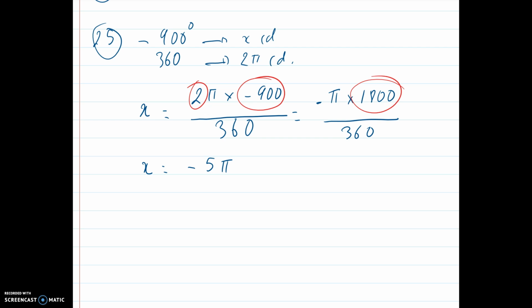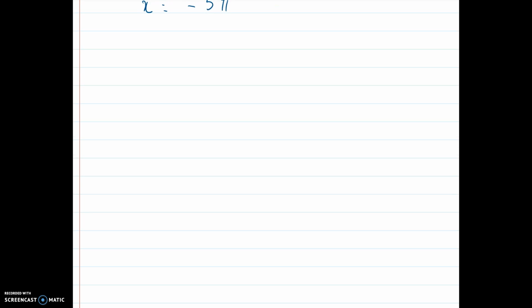Now, if I want to convert radian into degree, we have number 29. We have the angle theta equal pi over 3. Well, I know that pi corresponds to 180 degrees. So pi over 3 corresponds to x.